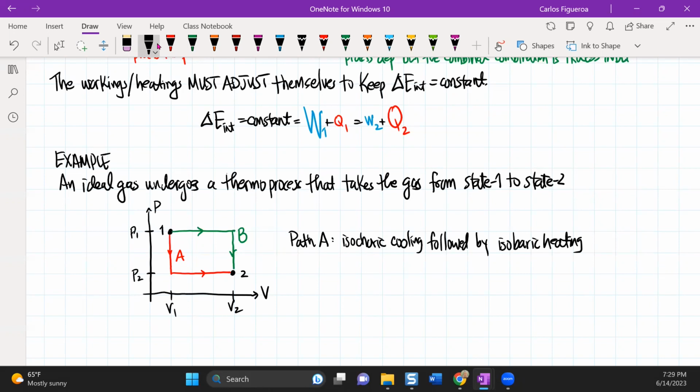And path B is just the opposite. I'm going to have isobaric heating followed by isochoric cooling.